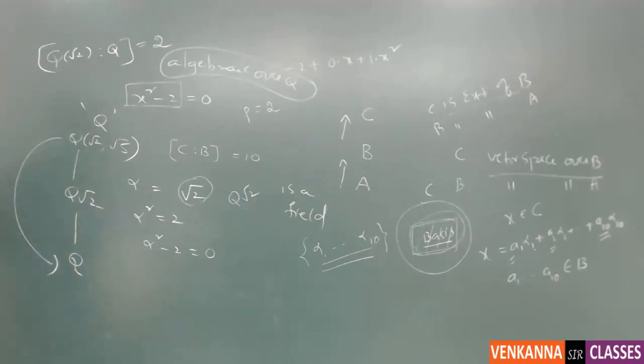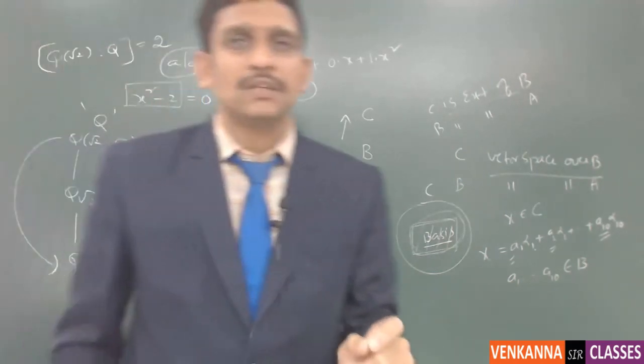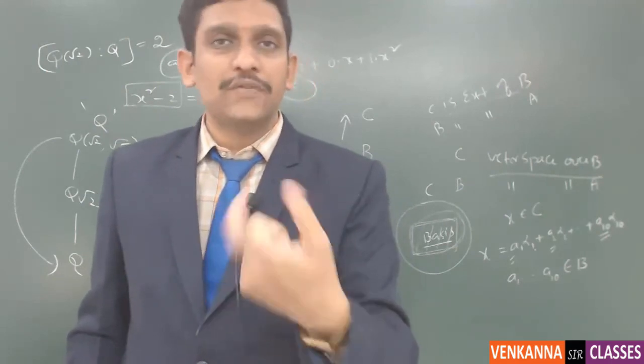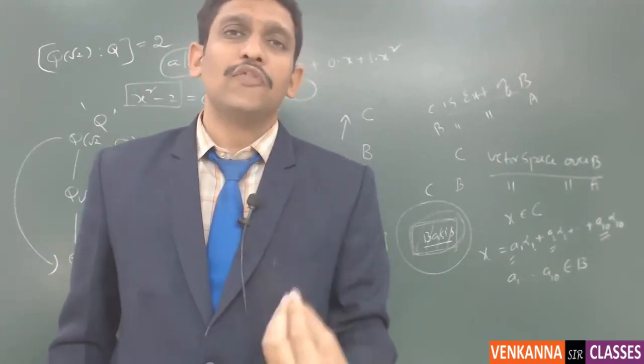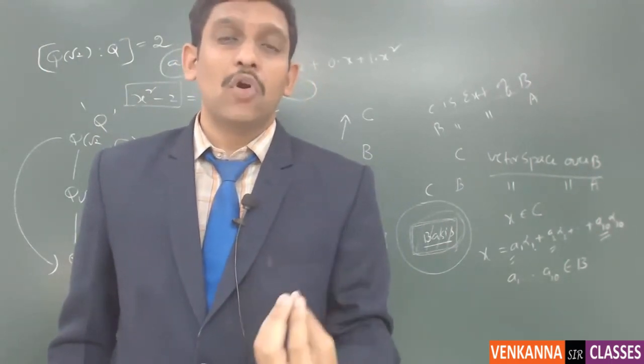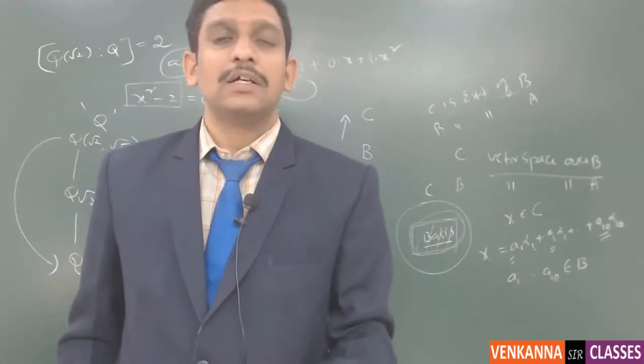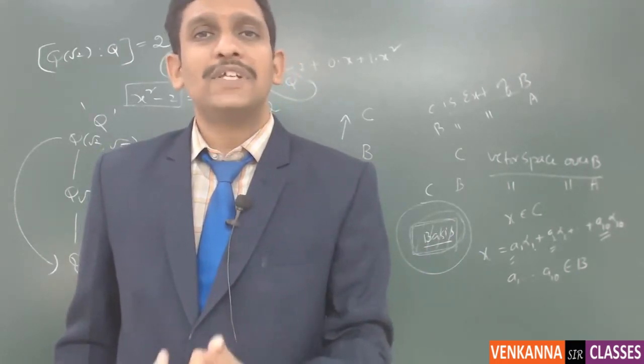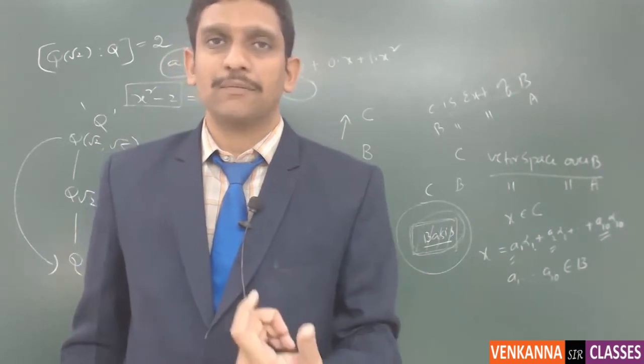So I am saying that this is a vector space over Q. Accepted? For every vector space, we can find a basis for it. If you know the number of elements in the basis, that number is called the dimension.